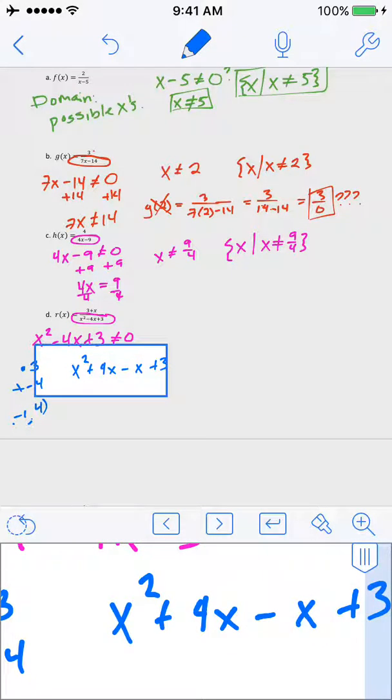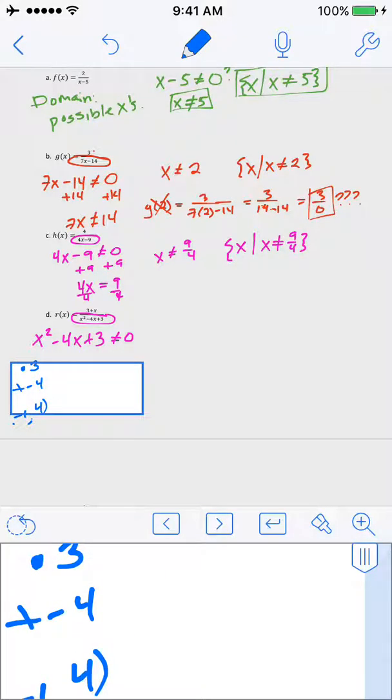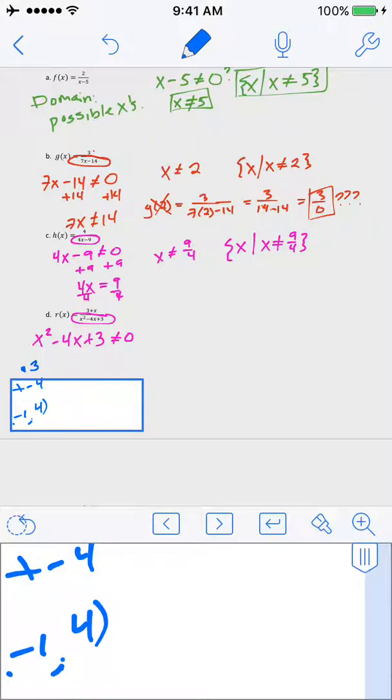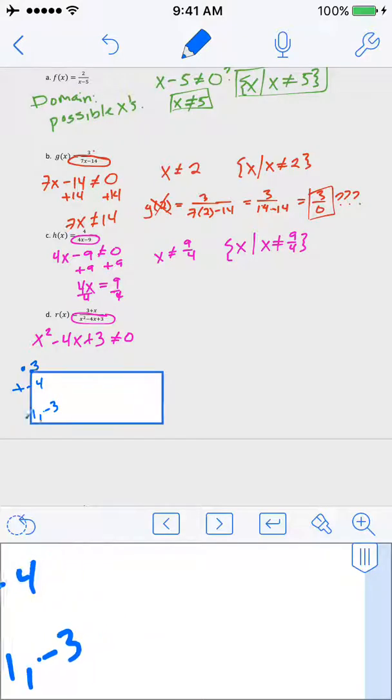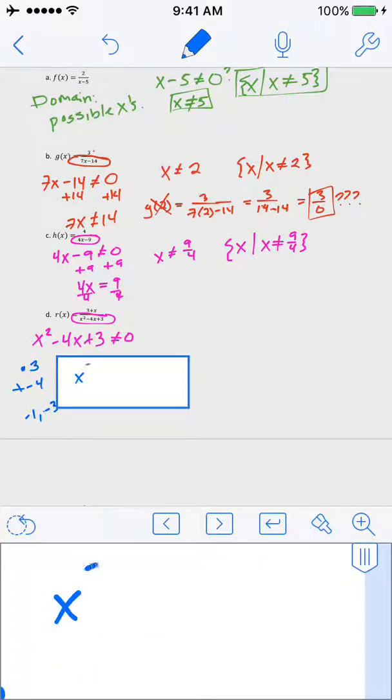I'm sorry, no, they wouldn't. Just kidding, because those numbers don't multiply. I did that backwards. Sorry, multiply to 3 and add to negative 4. That would not be 4 and negative 1. It would be negative 1 and negative 3, right? Negative 1 and negative 3. So plug those in.